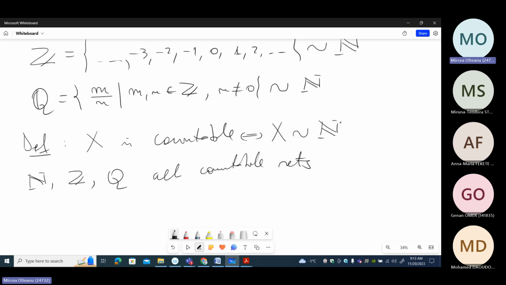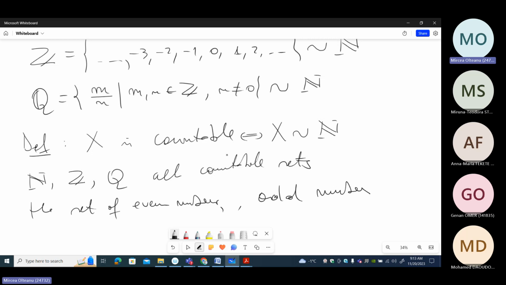Of course, there are also subsets of the set of natural numbers which are countable. For example, the set of all even numbers and the set of odd numbers are all countable.